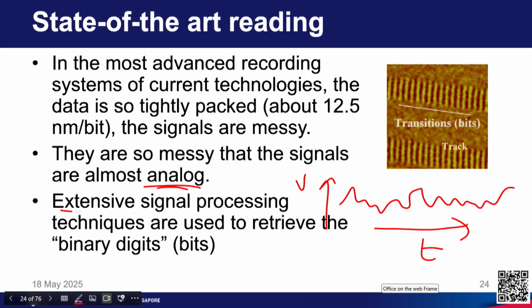They have come up with signal processing techniques to make meaning out of this. They can convert this into ones and zeros and pass them to the computer. So this is the realistic reading mechanism. All the reading techniques that I gave you earlier are for understanding, but in reality the signals are very messy.